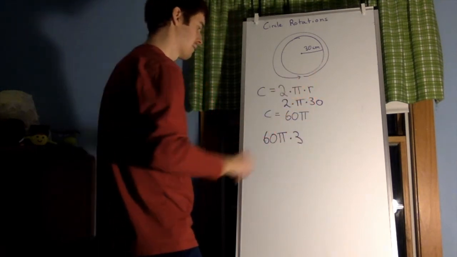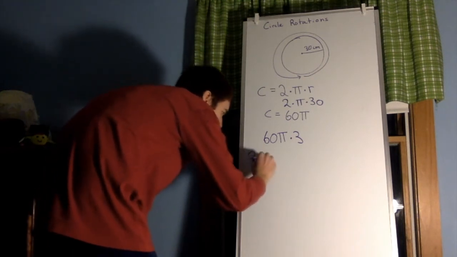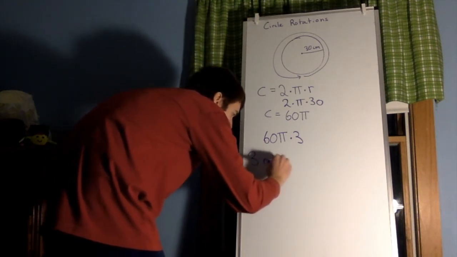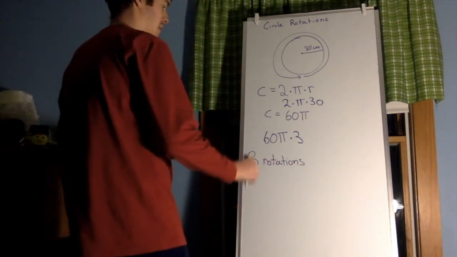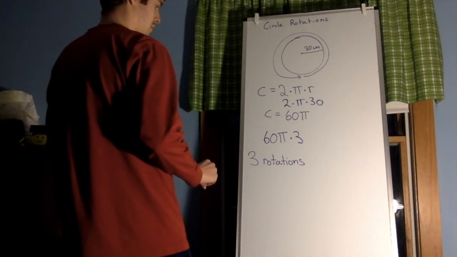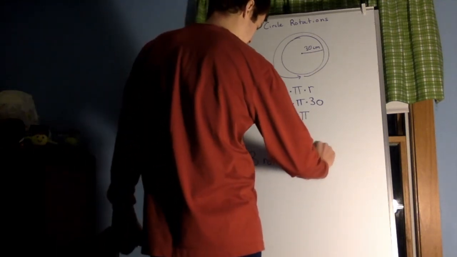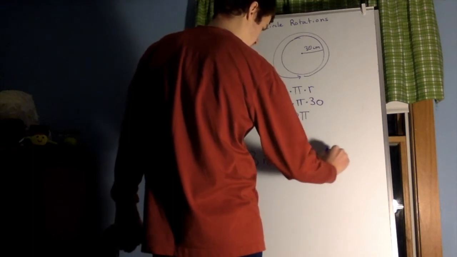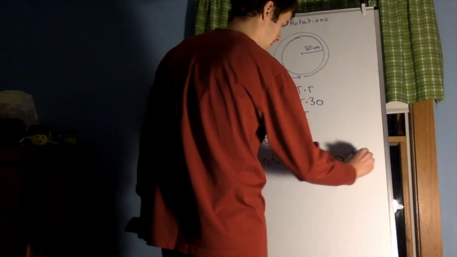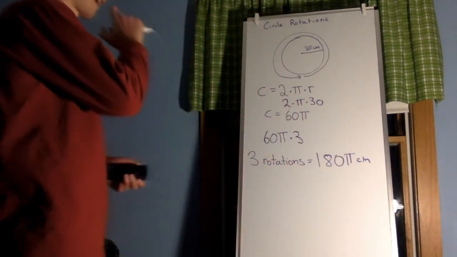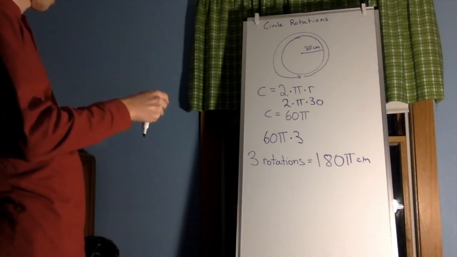multiply it by 3, and I get that 3 rotations are going to be equal to, let's see, 3 times 60, that's going to be 180 pi centimeters. But again, since our question is asking for us to round to the nearest centimeter, let's go ahead and do that.